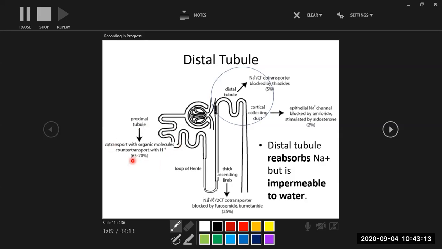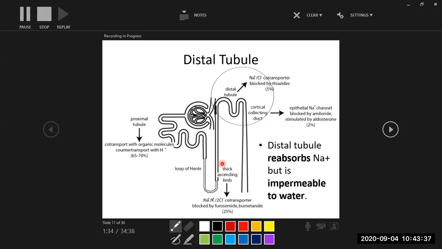So that's the proximal. In the loop of Henle, we have the sodium 2-chloride potassium channel, and this one can be blocked by the loop diuretics. You don't need to worry about the drug name, but loop diuretics act on this channel to block it.